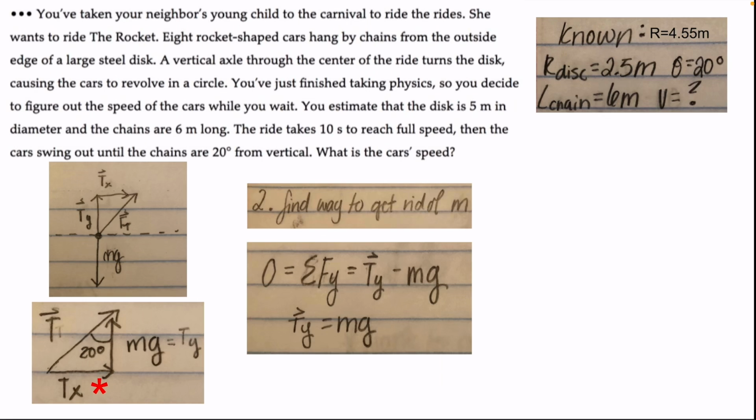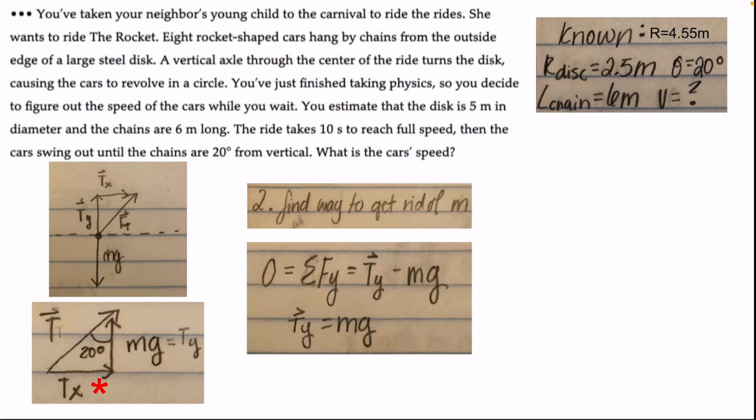And in this situation, I went ahead and drew a free body diagram of the rocket, which shows that the only net force that's acting on the rocket is going to be the x component of the tension, as the tension in the y direction and the force of gravity actually cancel, which makes sense considering the rocket on the ride is not moving up and down, it's staying in that x plane.